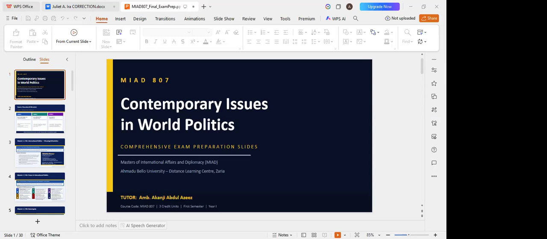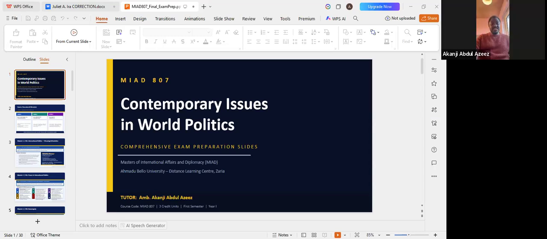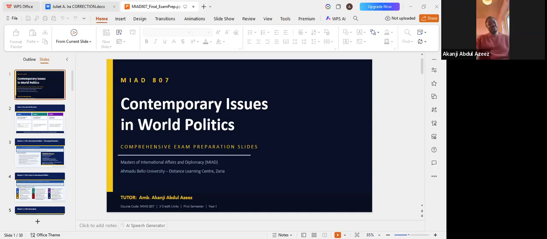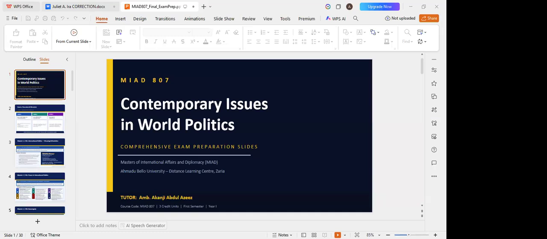Because my slide is not moving, sir. My slide is not moving. Yes. It's not only moving. The first page. Sorry, I don't know. Is it moving now? We're still on only the first page.